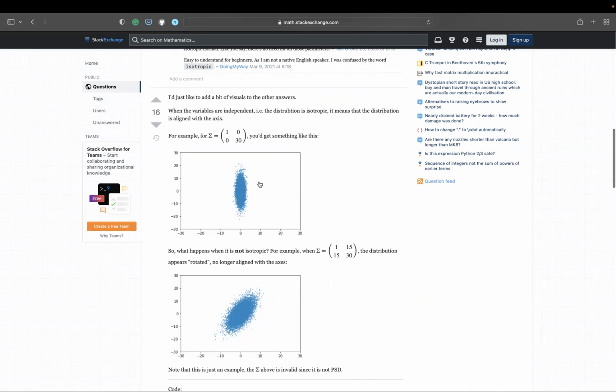That is an example of an isotropic distribution. The first plot here is almost similar to an isotropic distribution, but the variance is 30 in the y-axis, which is why it is elongated in the y-axis compared to the x-axis. If the variance in the y-axis is 1, you would observe a circular or spherical pattern. That is an isotropic distribution.